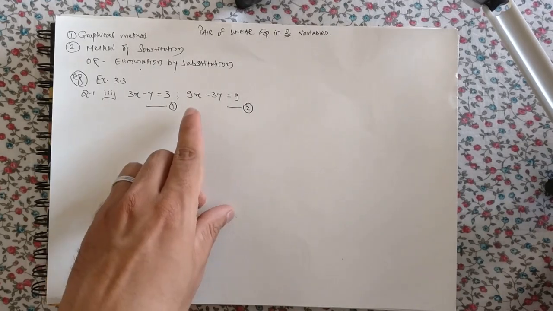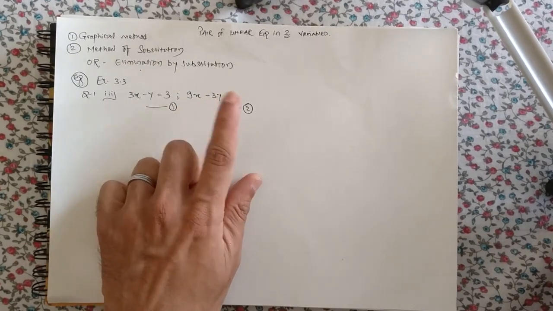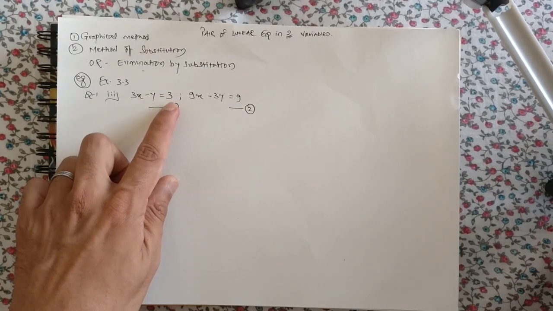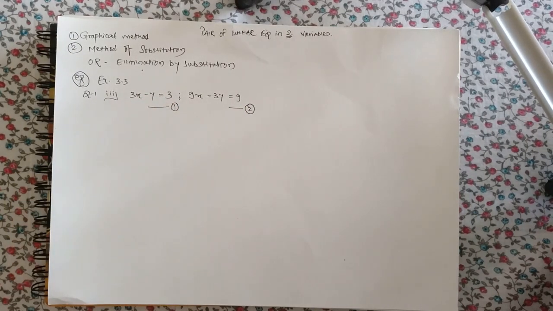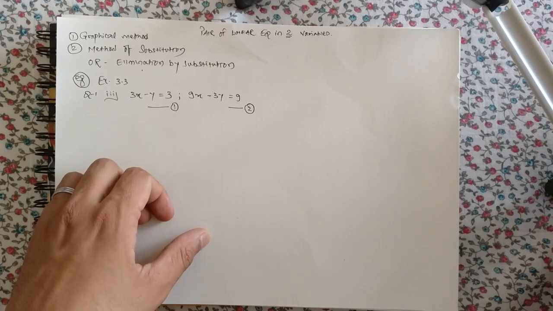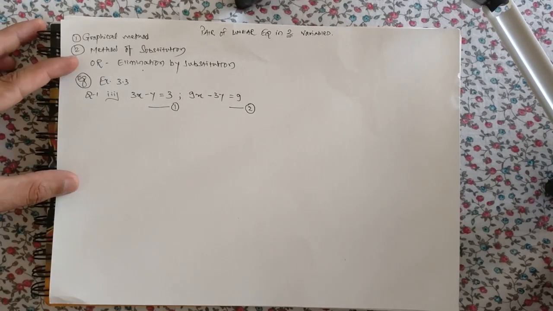Here the coefficients are 9, 3 and the constant is 9. Here the coefficients are 3, 1 and the constant is 3. So the equation with the least value of coefficients is equation number 1. So we can select equation number 1 and apply the method of substitution in it.